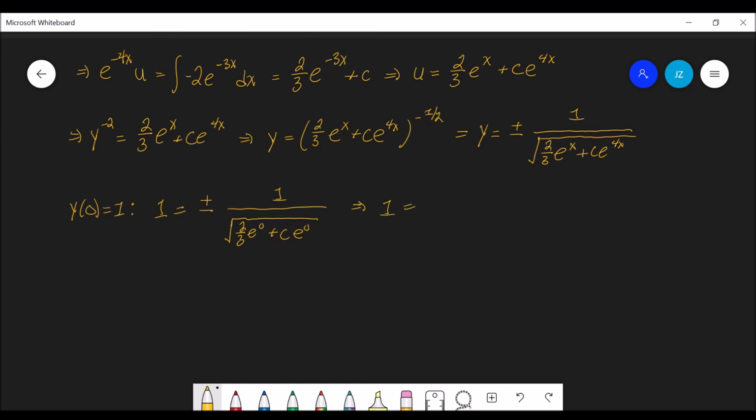So 1 is equal to plus or minus 1 over the square root of 2/3 plus c.